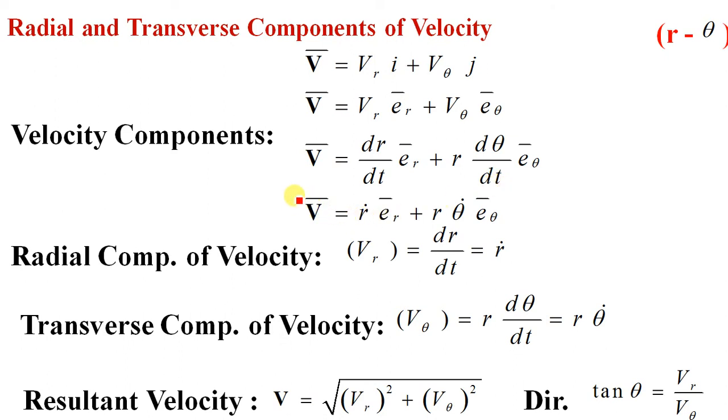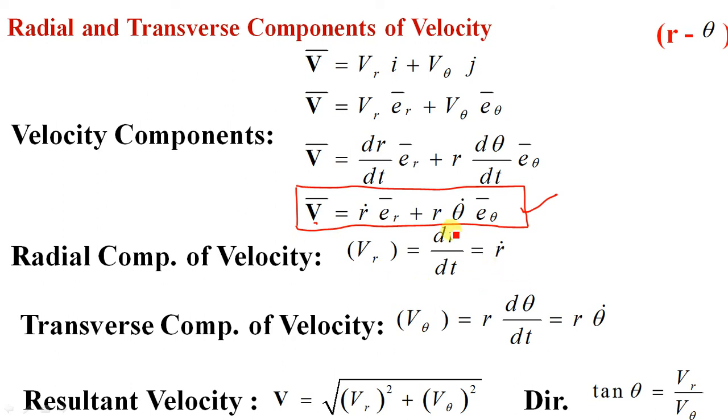You have to remember this formula. The total velocity v is equal to r dot e_r, where e_r is the unit vector along the radial direction, plus r theta dot e_theta. You have to remember this formula in order to find v. So now, what is r dot?